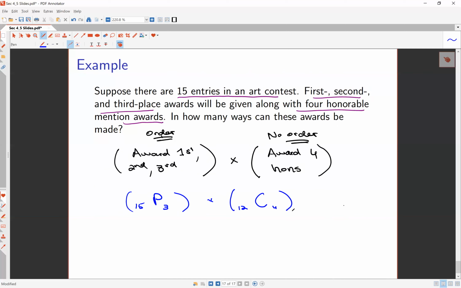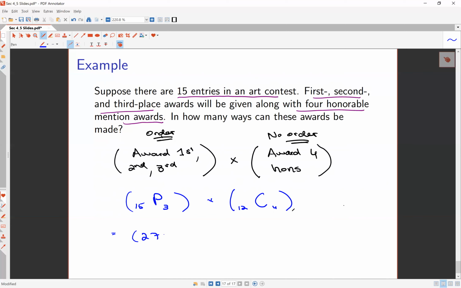So the first part, first, second, and third place, order is explicitly important. And thereafter, for the last 4 honorable mentions, order is not important. But we have to calculate each of these individually.